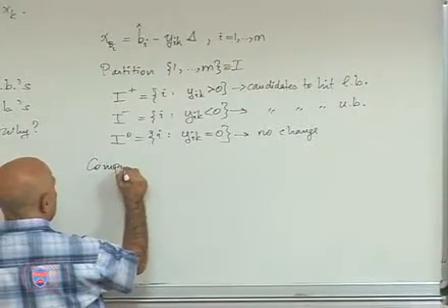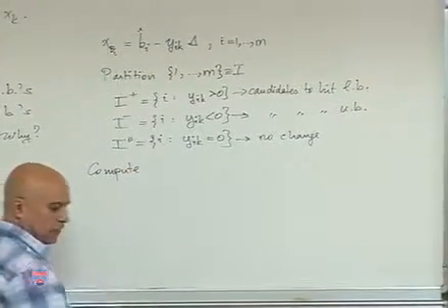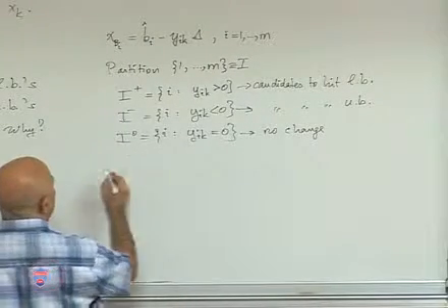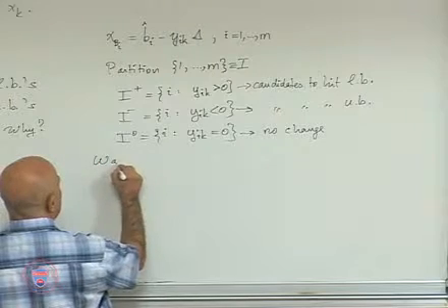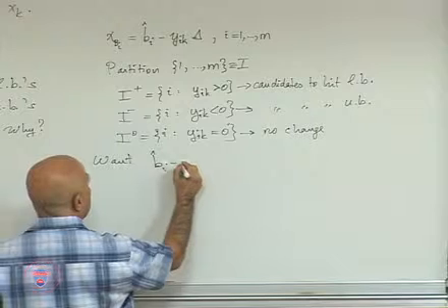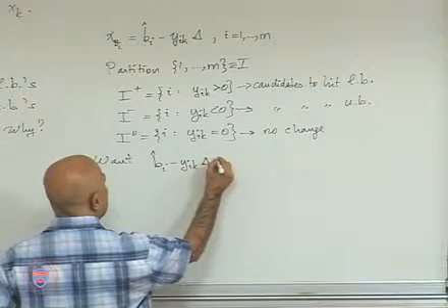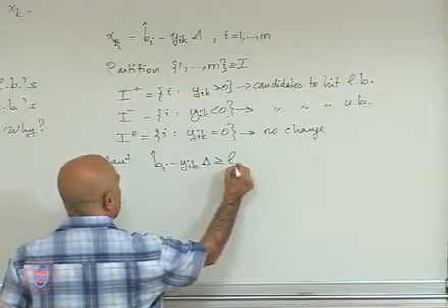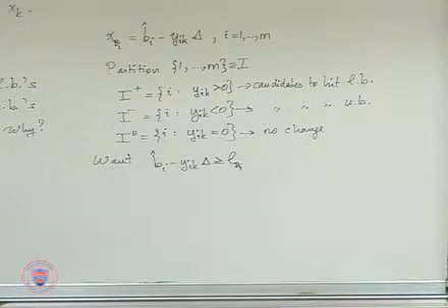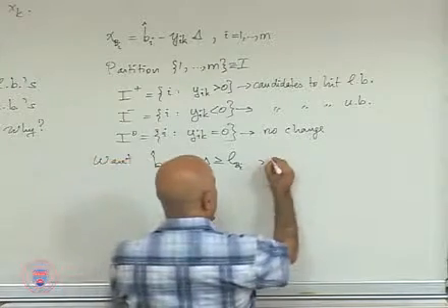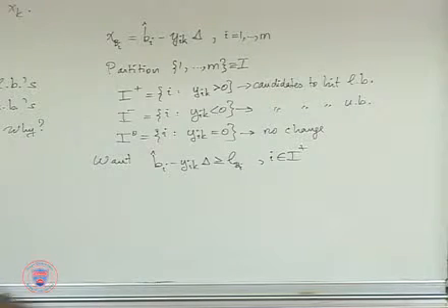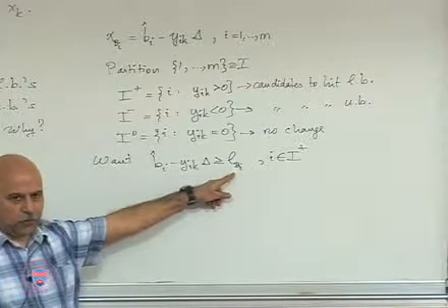So, we want b_i cap minus y_ik delta to be greater than or equal to the lower bound associated with the ith basic variable for those i in I plus. Because they may hit the lower bound.